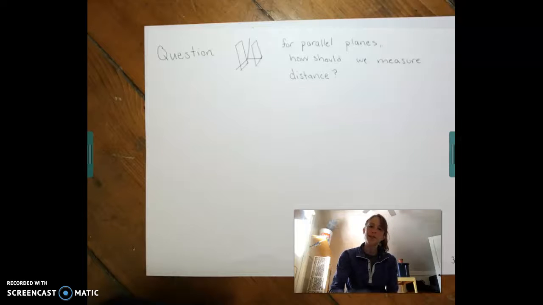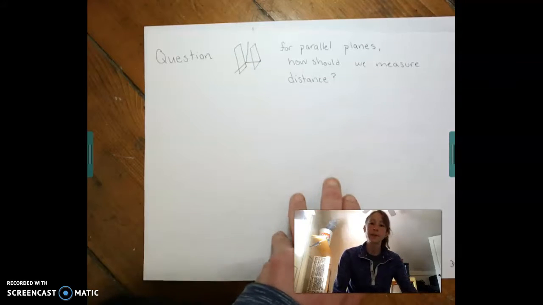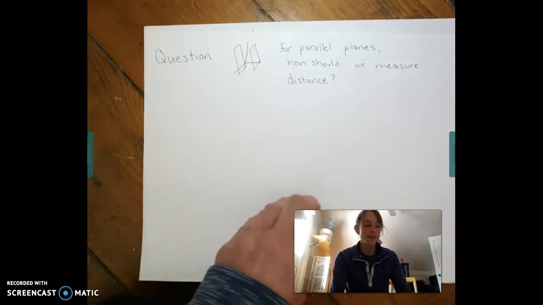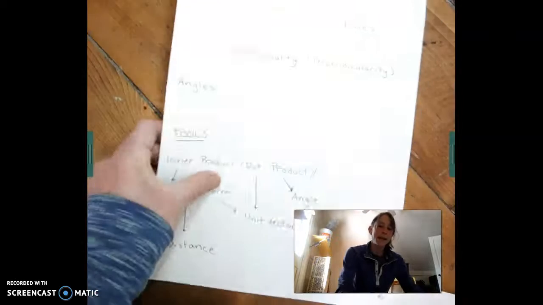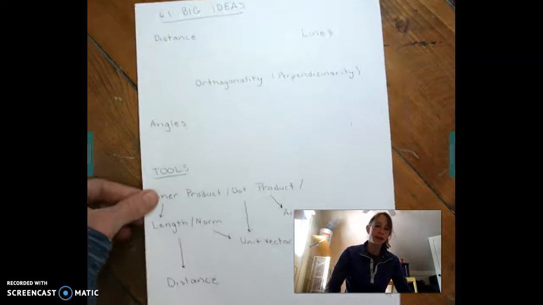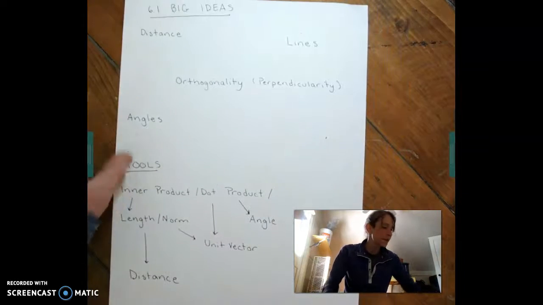So what this chapter sets us up to do is put a way of measuring distances and angles into Rn. And it's going to give us some tools in linear algebra to do that. So these are the big ideas that you're going to see coming up in chapter 6.1.